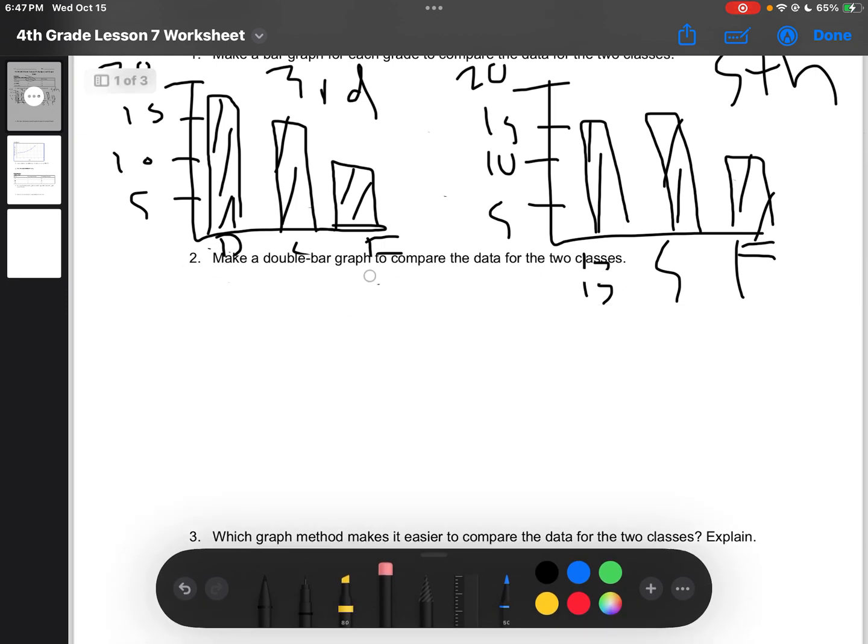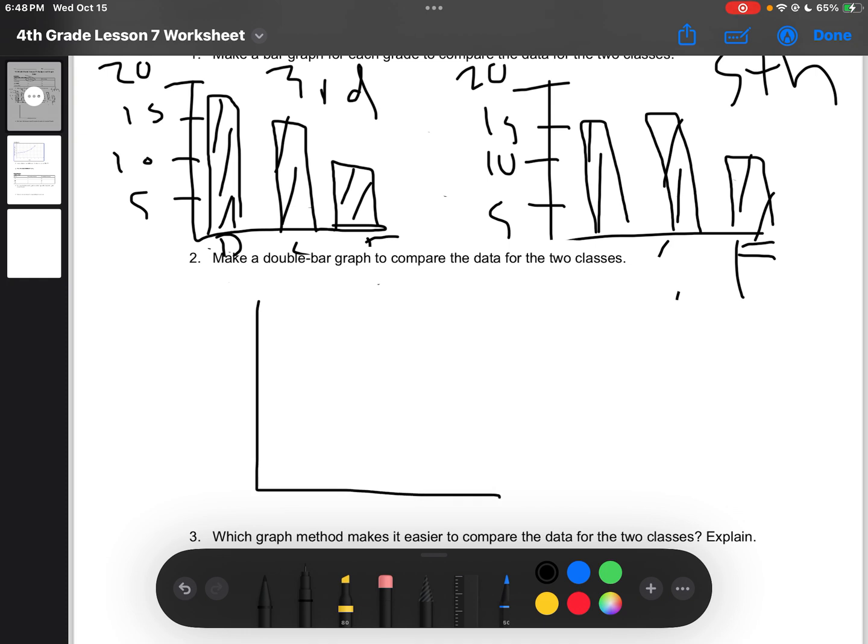Make a double bar graph to compare the two classes. A double bar graph is just the two classes combined, so it's just one big graph.